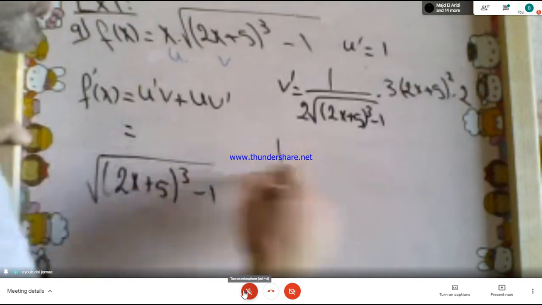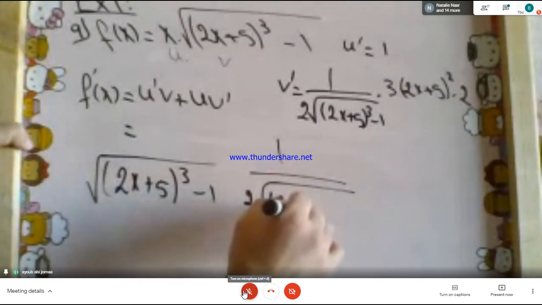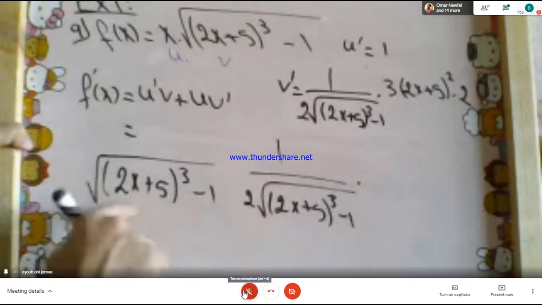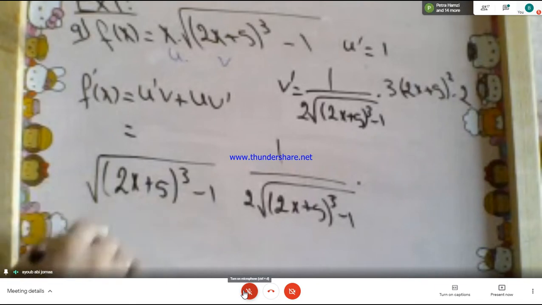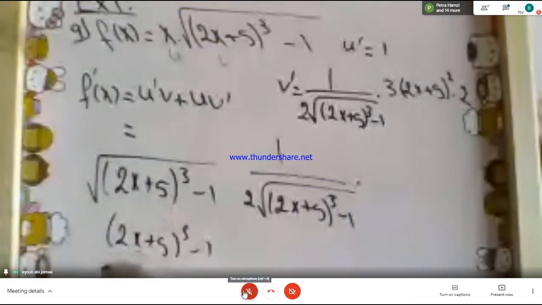So 1 over 2 radical of all of this, 2x plus 5 to the power 3 minus 1, times the derivative of 2x plus 5 to the power 3 minus 1. How to find the derivative of this? First the power, let's say 3.